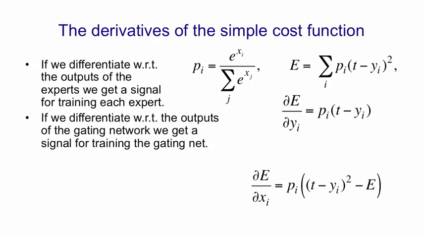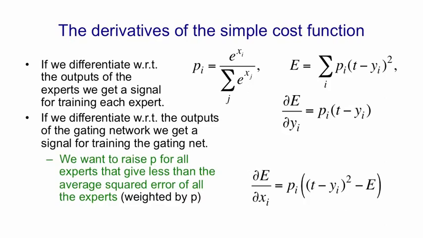We can also differentiate with respect to the outputs of the gating network, and actually what we're going to do is differentiate with respect to the quantity that goes into the softmax. That's called the logit, that's xi. And if we take the derivative with respect to xi, we get the probability that that expert was picked times the difference between the squared error made by that expert and the average over all experts, when you use the weighting provided by the manager, of the squared error.